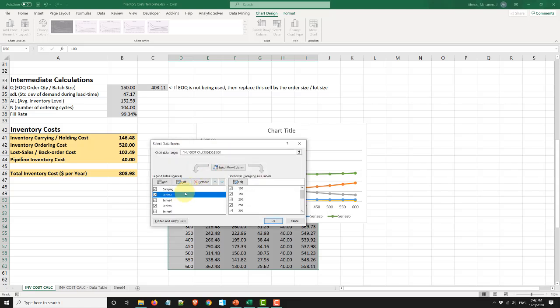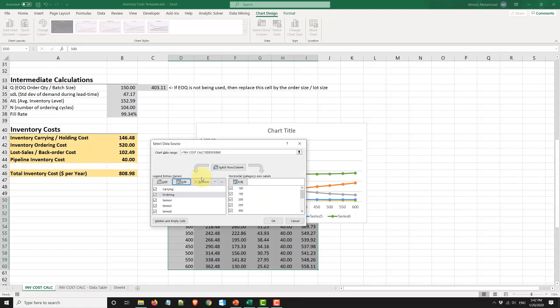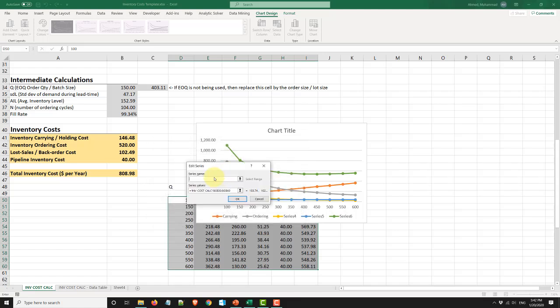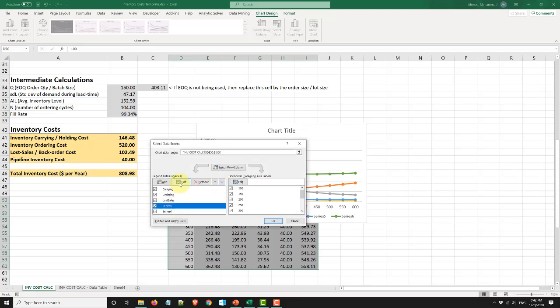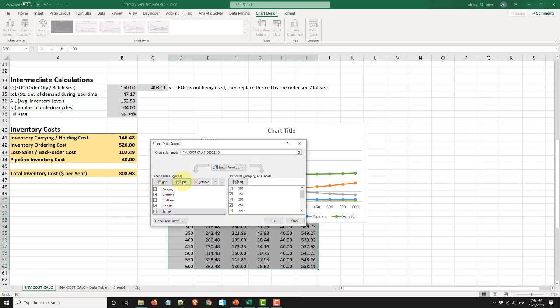So I can type that. The next series is the ordering cost. Okay, the next series is the lost sales cost. The next series is the pipeline cost, and the next series is the total cost.